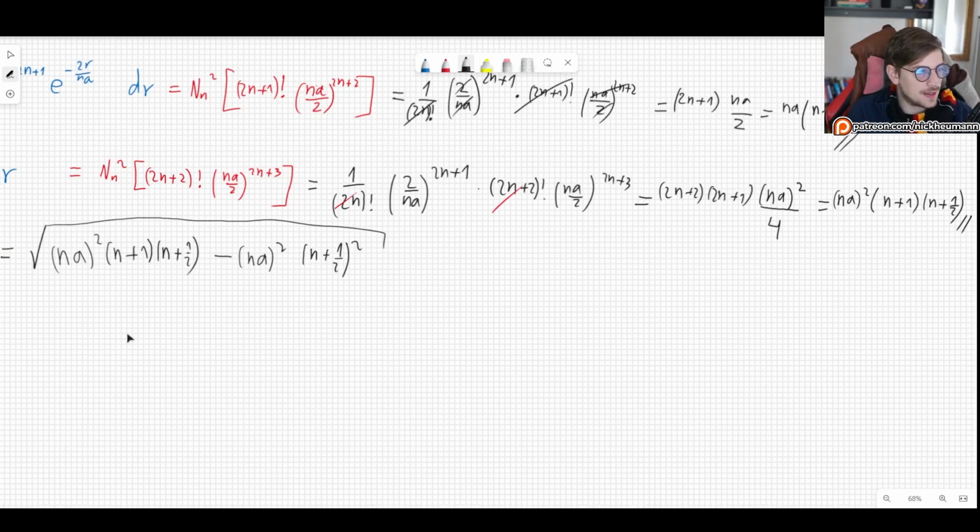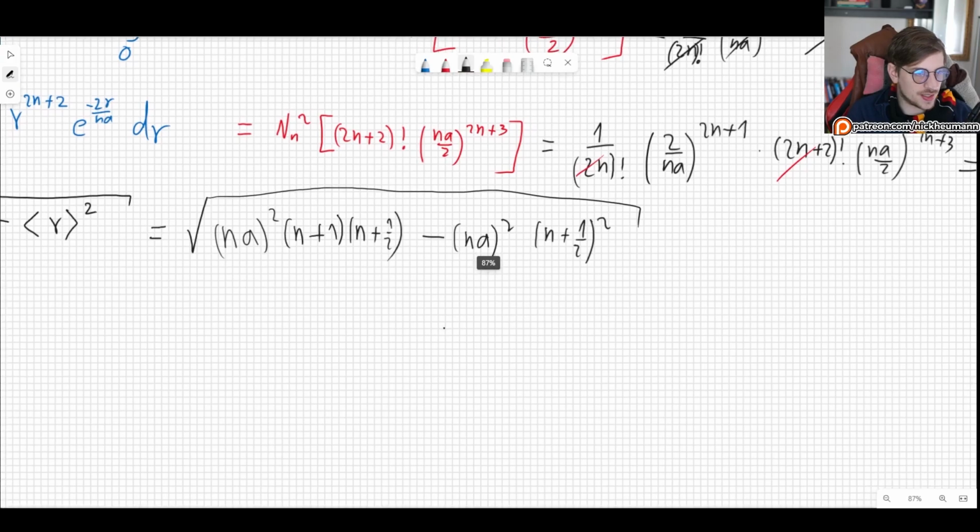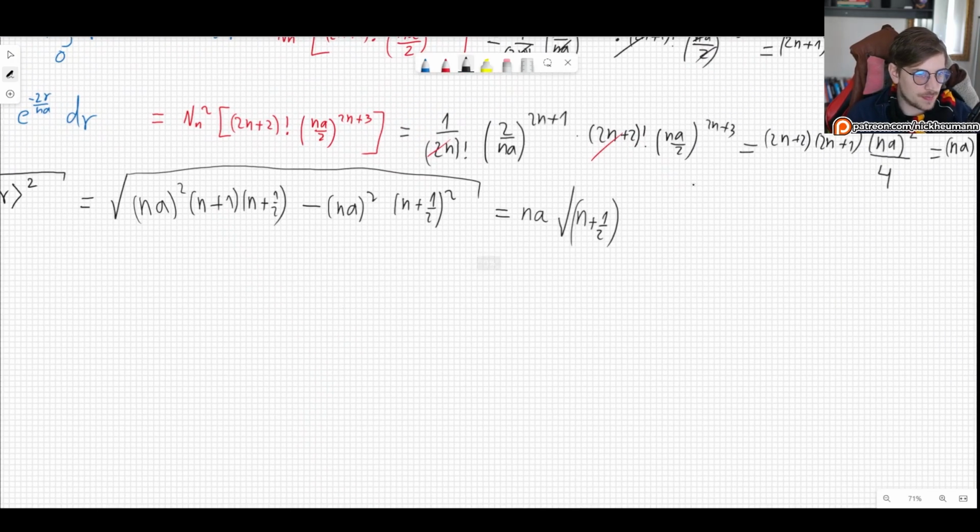Okay, so this thing that we have right here, let's factor out NA squared. We can take it out of the square root and it turns into NA. And inside the square root, we can also factor out n plus 1/2. Then we are left with, let's use these parentheses, n plus 1 minus n minus 1/2, right?